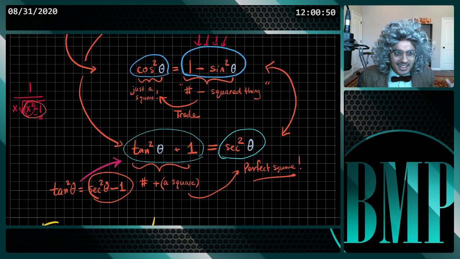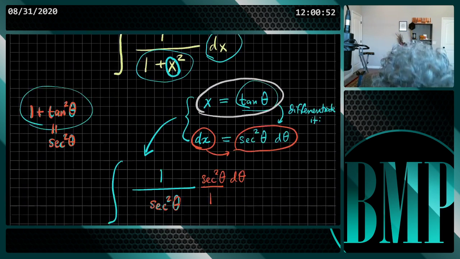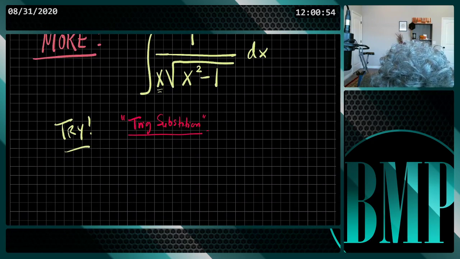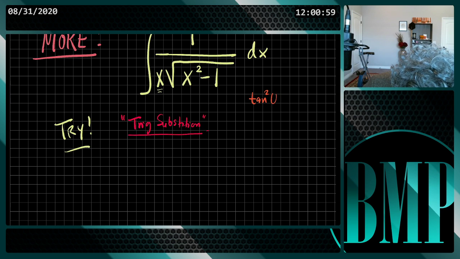See that? That's the one we're going to use. So we're going to use tangent squared is secant squared minus 1. This is my guiding light.